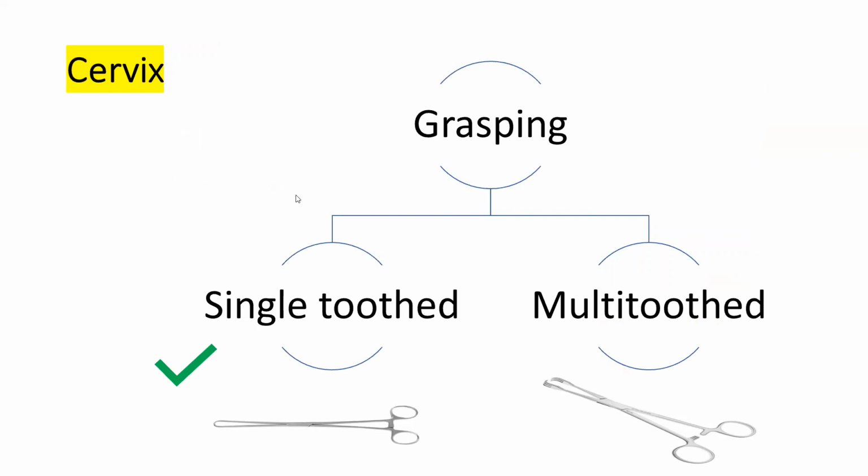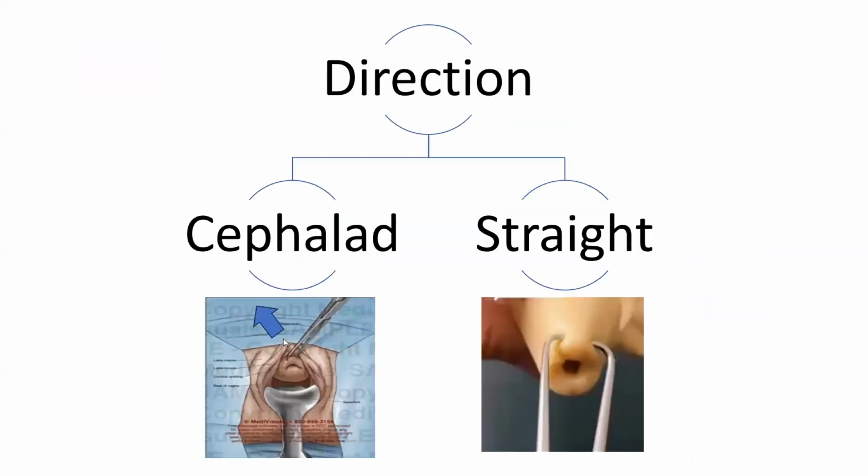You have to grasp the anterior lip of the cervix with a vulsellum or tenaculum, and it's better to use a single-toothed tenaculum, which allows good grip on the cervix, which is practically superior to a multi-toothed tenaculum.